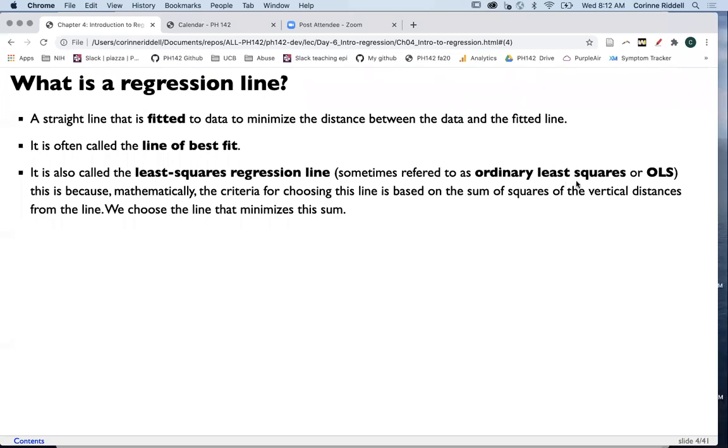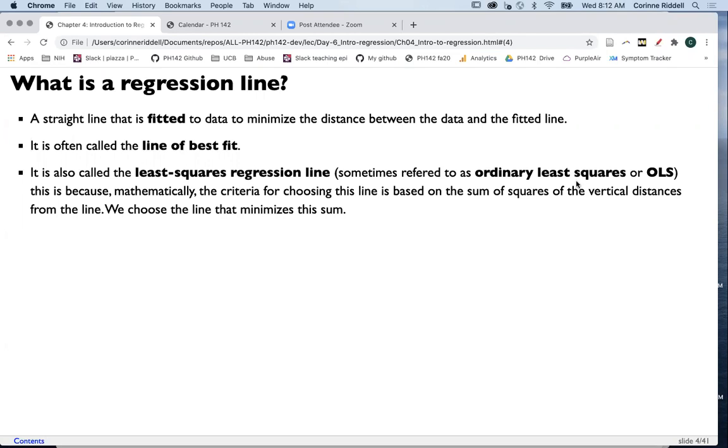So whenever you go on after this class and you're reading papers, they might say they're using any of these forms of regression, or they might just call it linear regression. And it's assumed that they're using this mechanism to fit the line of best fit to the data.